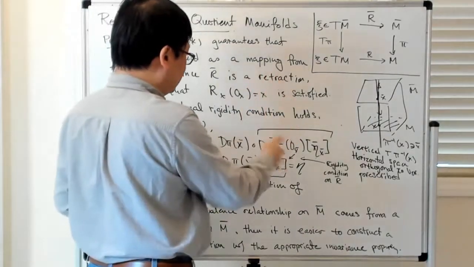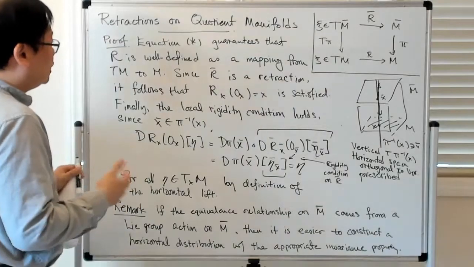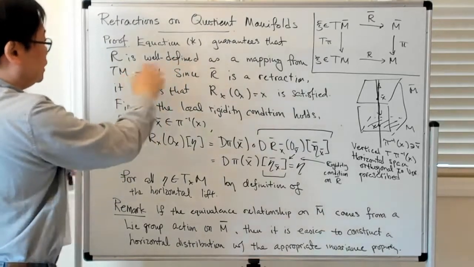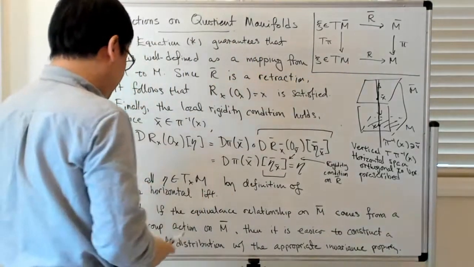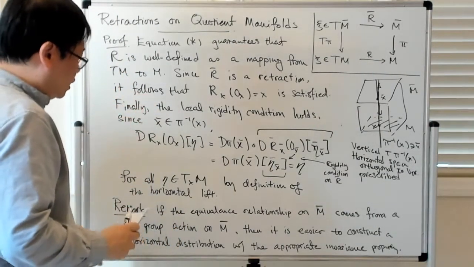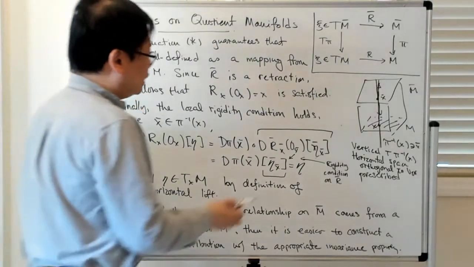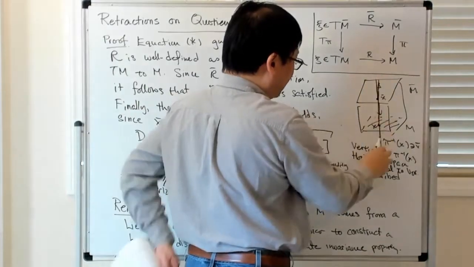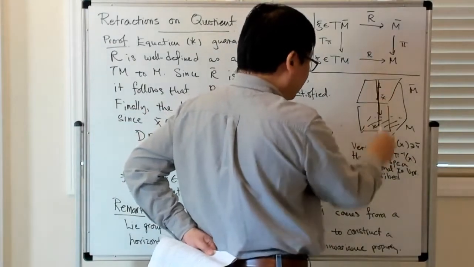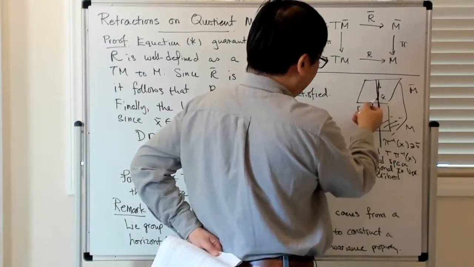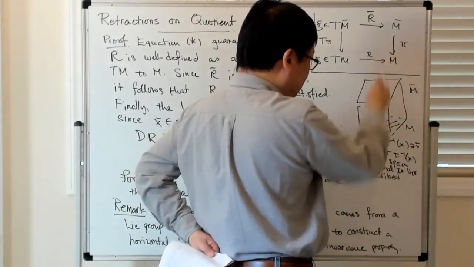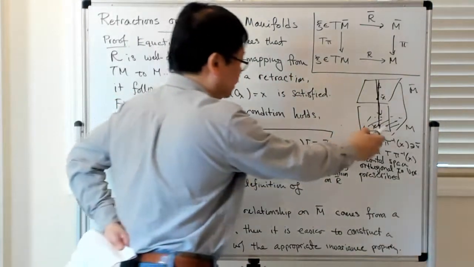Okay, and so that has benefits when you're trying to satisfy this condition which I had erased, what I refer to as the star equation, which guarantees that the retraction you have is well defined. Okay, so there's a deeper discussion of this issue in the textbook, but again, the high-level picture is that if these fibers, which are the preimages under the projection map, right, can be thought of as group orbits, where you take a point in M bar, say you look at the space of rotations acting on that point, and all possible rotations of that point give you this fiber, right?